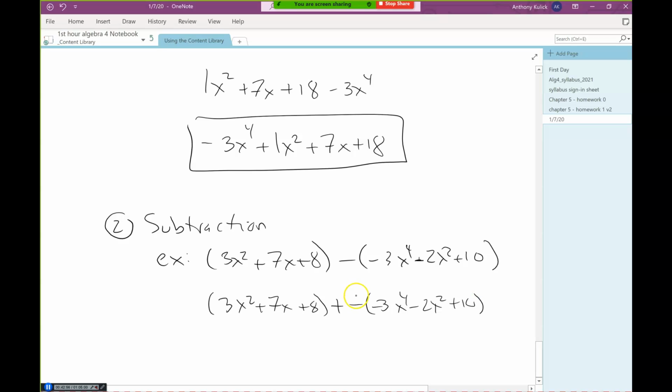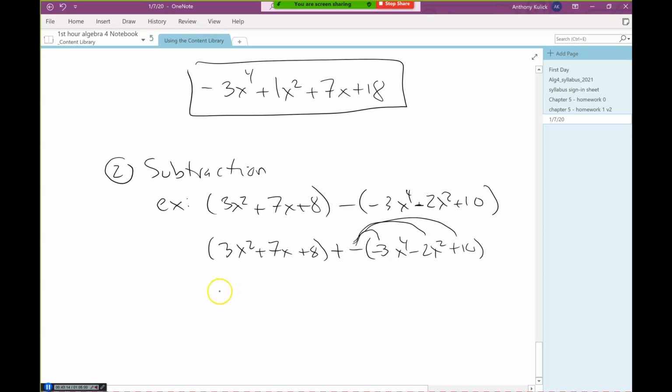Because it certainly does matter then the set of parentheses on that second polynomial. I have to make sure I distribute that negative through, right? If I have a negative sign in front of a set of parentheses, that negative has to get distributed through. Everybody's okay with that? Okay. So at that point then, after I distribute the negative through, I can drop all of my parentheses.